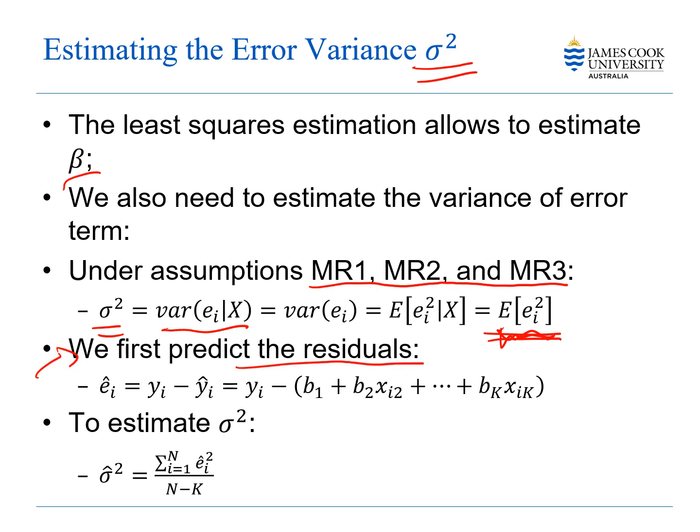So e_i hat is the data y_i minus the predicted value of i, which is b1. Remember, b1 is the estimate of beta 1, b2 is the estimate of beta 2, and so on. So minus b1 plus b2 x_i2 plus until bk x_ik. So we can predict this residual. Then square them, because we have the square here. Square them, add them up, divided by n minus k.